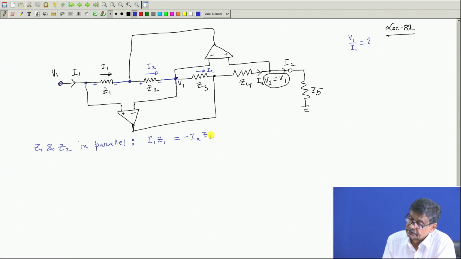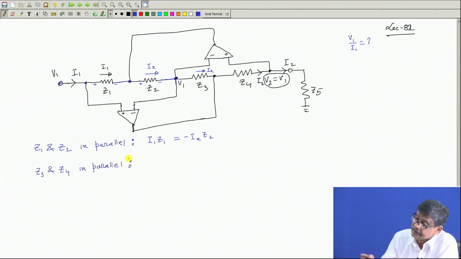This is one equation. Similarly, we conclude that Z3 and Z4 are also in parallel. Why are they parallel? Because this is the common point of Z3 and Z4, and the other point of Z3 and this point of Z4, the voltage difference between them is 0, because there is no voltage between these two.